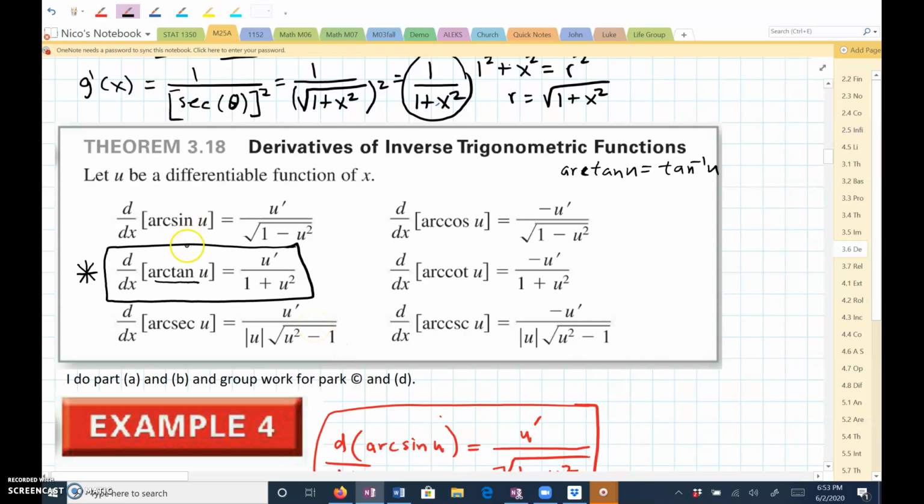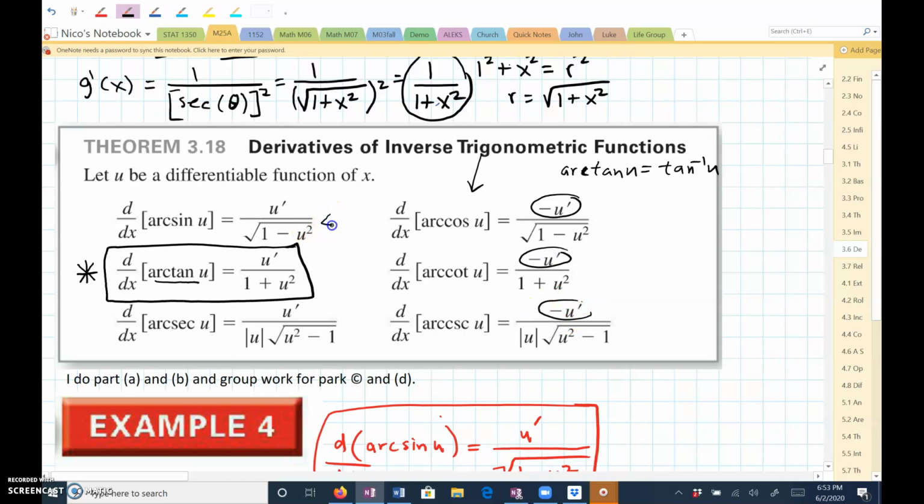Okay, so notice the derivatives of the inverse of sine, inverse of tangent, inverse of secant, all of these are positive. Look over here, the cofunctions, so cosine, cotangent, cosecant, all of them are negative.